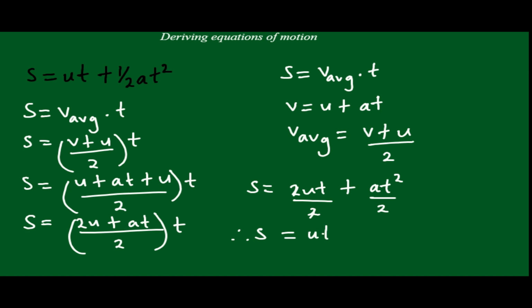So we get ut plus at squared over 2, or we write it in this form: ut plus half at squared. So basically that's how we approach such a problem. You need to know the definition of displacement. Displacement is equal to average velocity by time, and average velocity is the sum of the initial and final velocities over 2. And then we make use of our first equation of motion, which states that v is equal to u plus at. Then we just substitute into our formula.